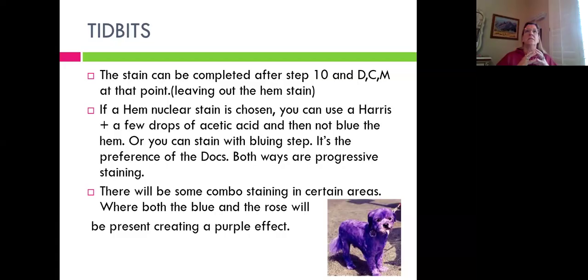That is because acetic acid is really a binder. And so in terms of your hematoxylin, it acts like a binder. And so by putting a couple drops of acetic acid in your hematoxylin, it helps that binding process happen with your hematoxylin.